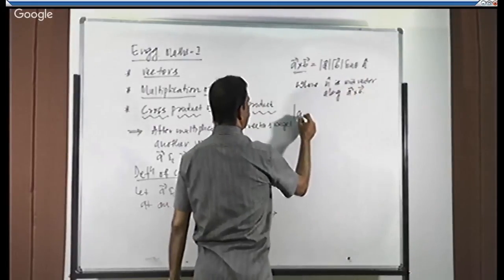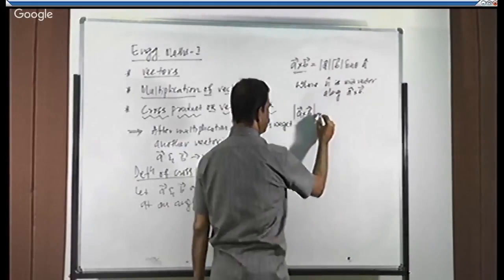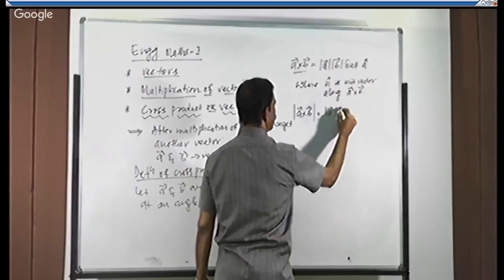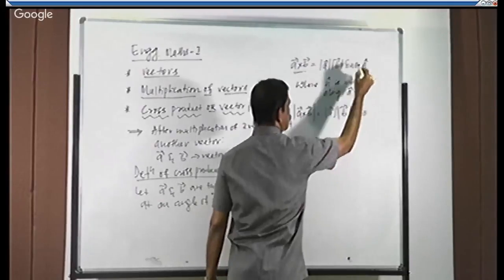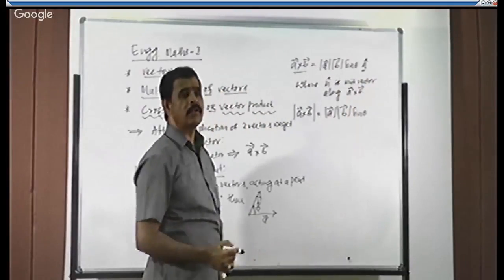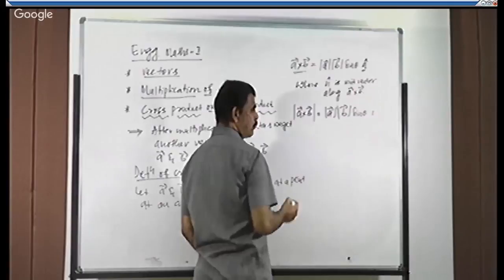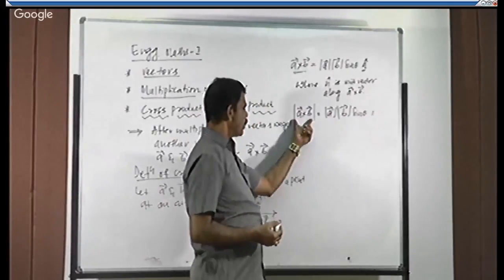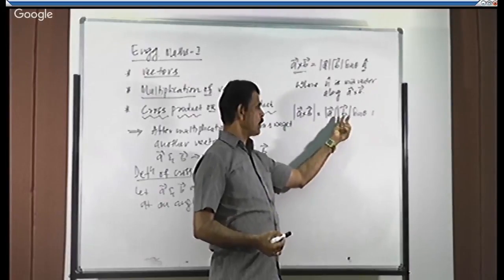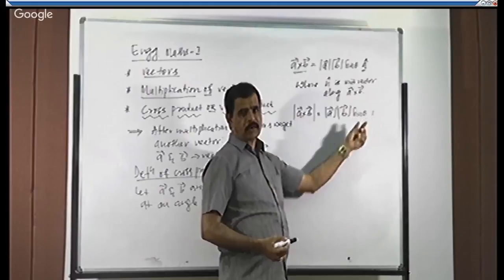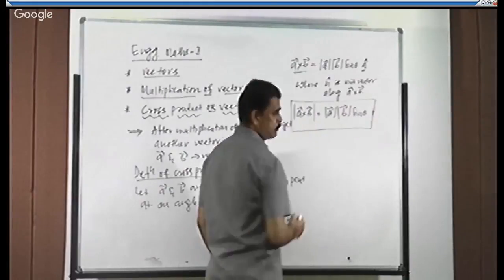The magnitude of A cross B is equal to magnitude of A, magnitude of B into sine theta, and the unit vector has magnitude equal to 1. This is the definition of the cross product.